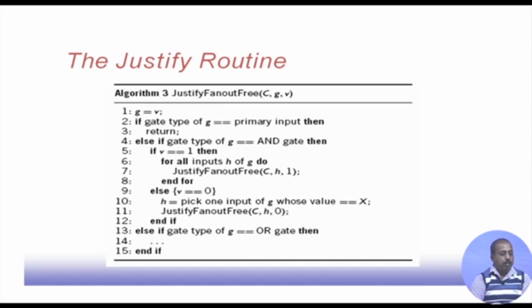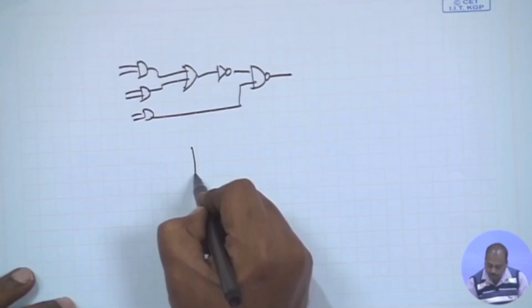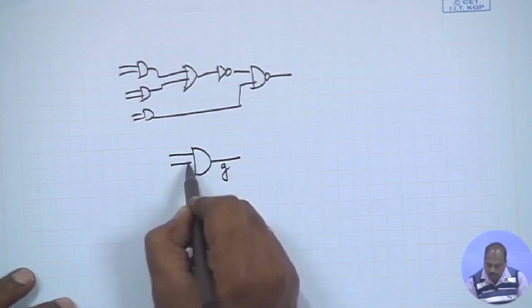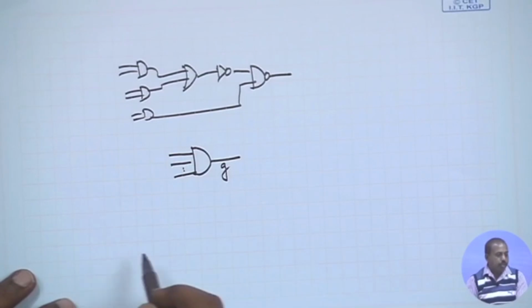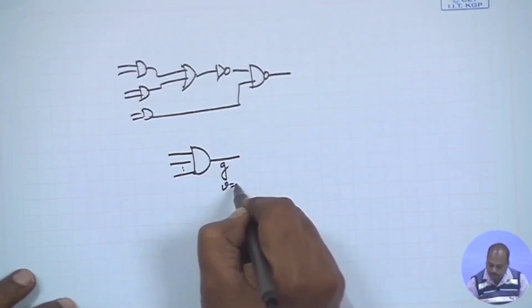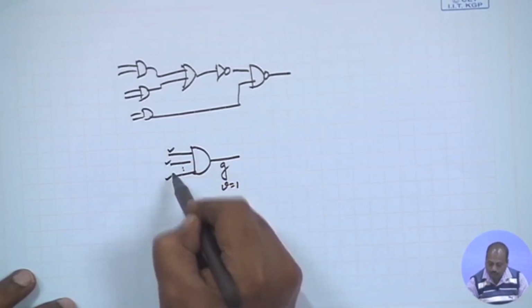Otherwise, if the gate type of G is an AND gate, and V equals 1, then we need to justify all the inputs. If this is the AND gate, and this is the line G I am talking about, and we want to put this line equal to 1, then all these lines have to be put to 1.